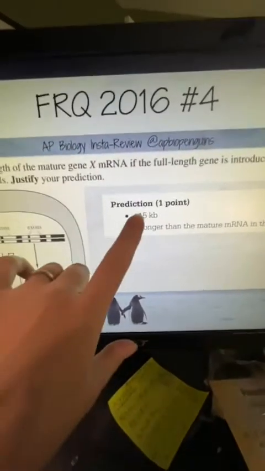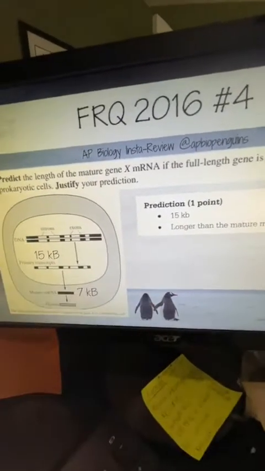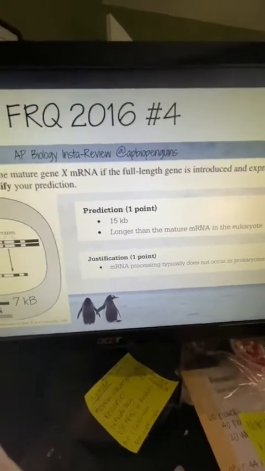So what you would say is that it would actually be the exact same length. If we took this gene before it was modified and put it into a prokaryote, it's going to end up being expressed as a full 15 kilobase long transcript. Why? Because we can't cut out the introns. mRNA processing does not occur in a prokaryote.